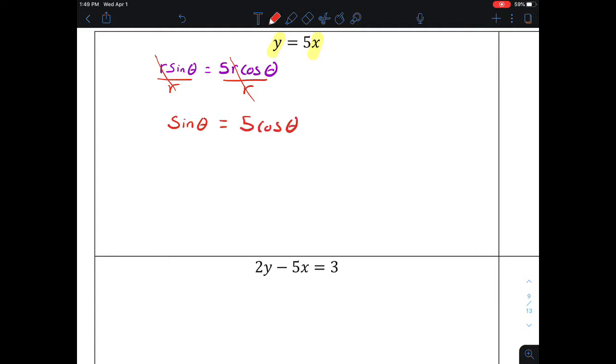Now let's divide both sides by cosine theta. The cosines cancel out on the right-hand side, and I have 5. And on my left-hand side, I have an identity that sine of theta divided by cosine of theta makes tangent of theta. And we could leave it like this.